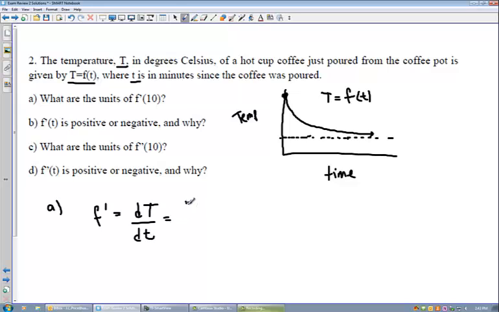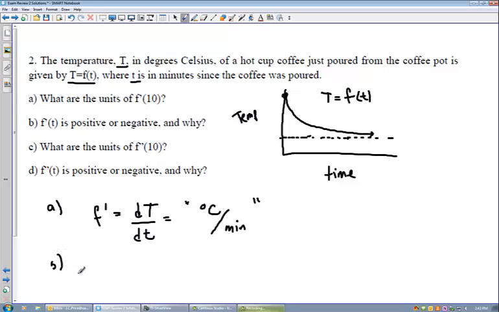That's equal to, well, on top you have degrees Celsius, and on bottom you have time, which is in minutes, and that makes sense. The derivative f prime of 10 is in degrees Celsius per minute. It's telling you how the coffee is cooling in some sense after 10 minutes at that instant.